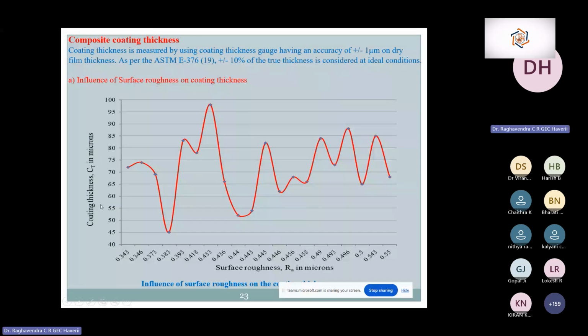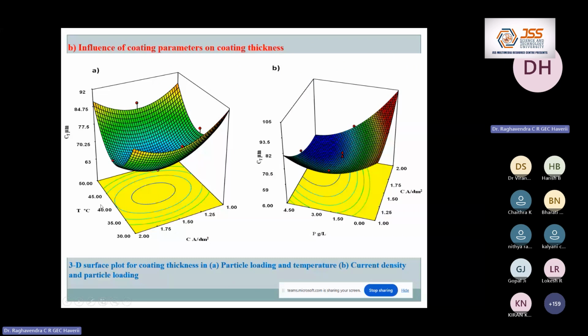This is the influence of coating parameters on the coating thickness. As an illustration, I have taken electrodeposition as one of the coating techniques. If you take other coating techniques, you'll have different coating parameters which can be optimized.